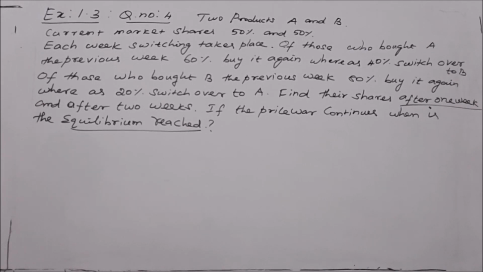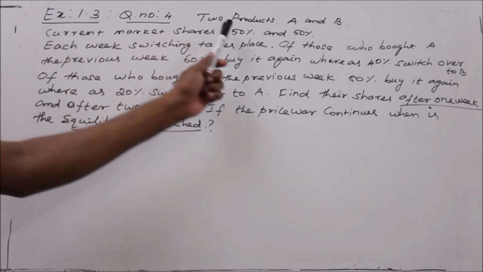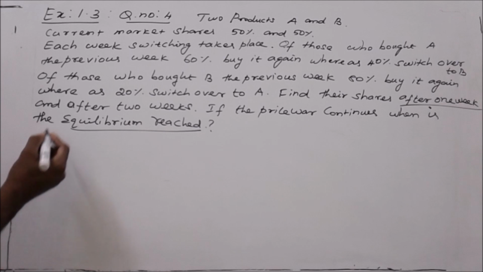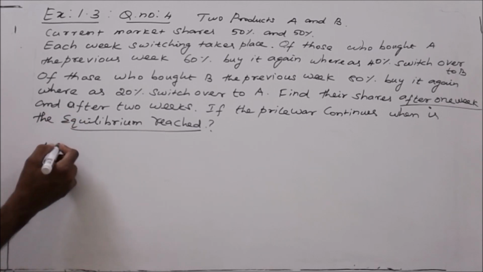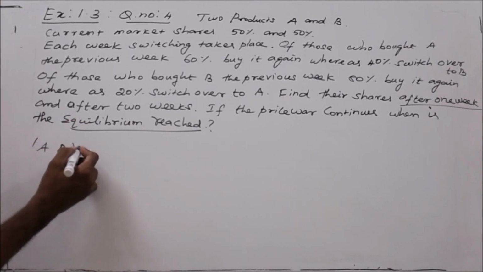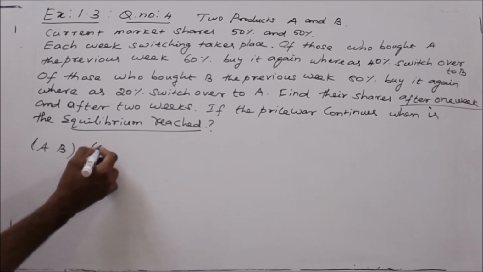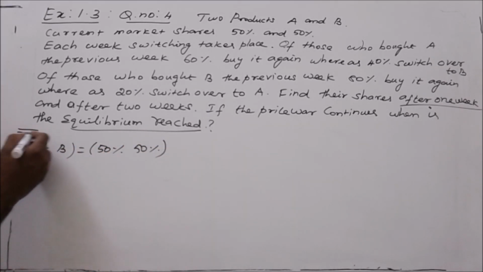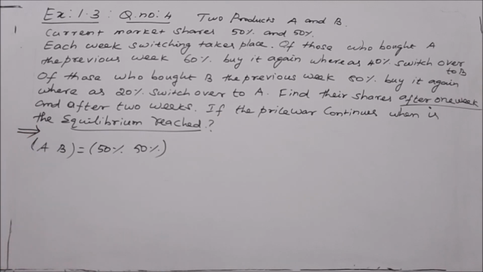There are 3 pieces of information given. The present market shares are 50%, 50%. Through that we can define the distribution AB equal to 50% and 50%. Now we are moving to the answer.